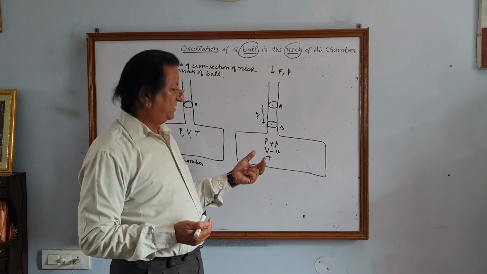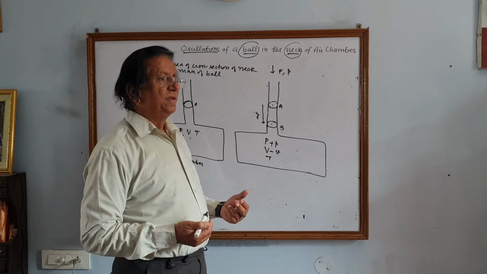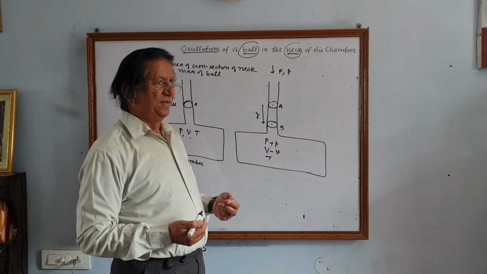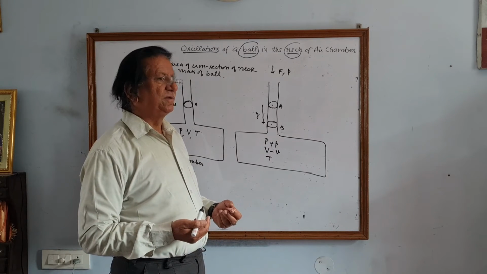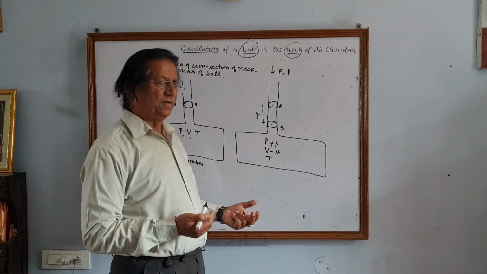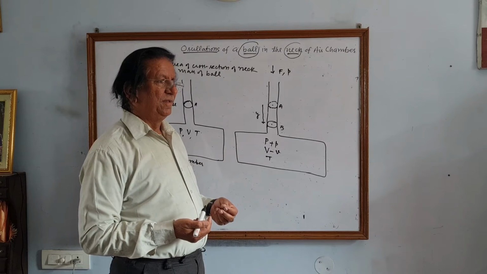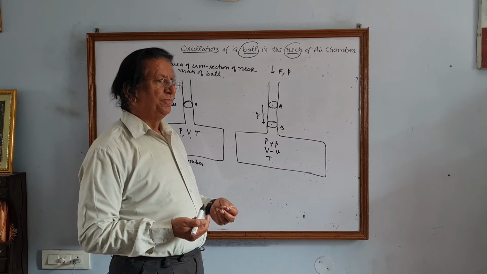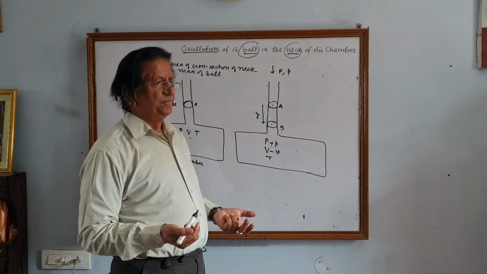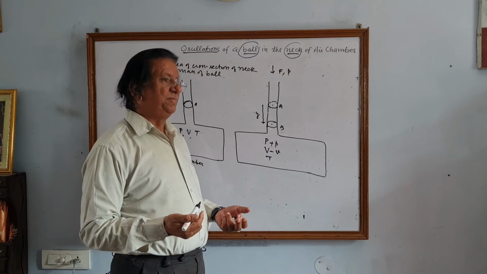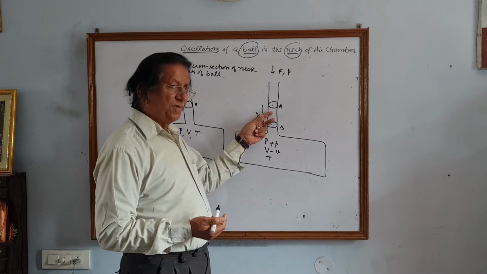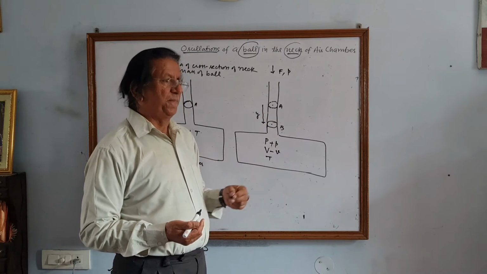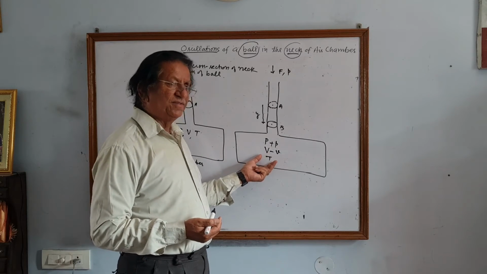You have to see, unless it is given, whether this is pressed downward slowly or quickly, that is, whether this is a case of isothermal or adiabatic process. If you are given that it is isothermal, then the temperature will be constant. If it is adiabatic, the temperature will increase. In the exam, the question will mention it: this ball is depressed isothermally, so the temperature will remain the same.